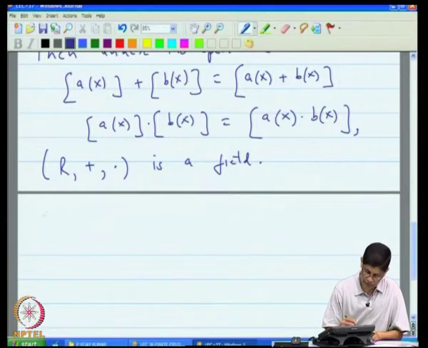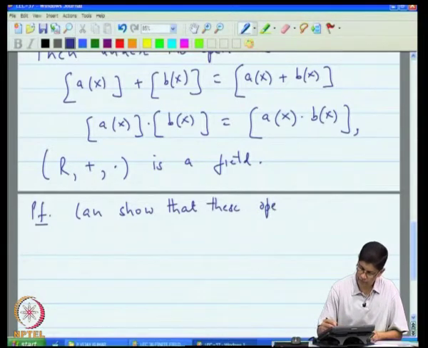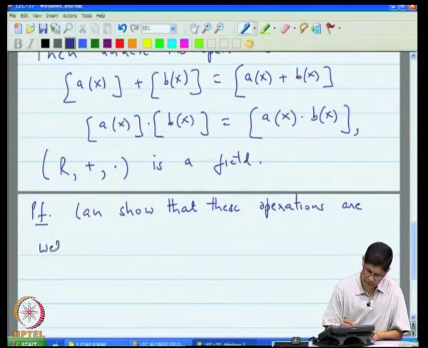Okay. So, proof: first of all, we can show that these operations are well defined.